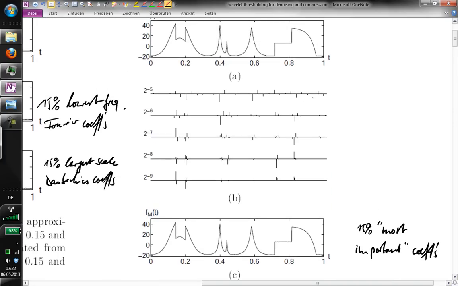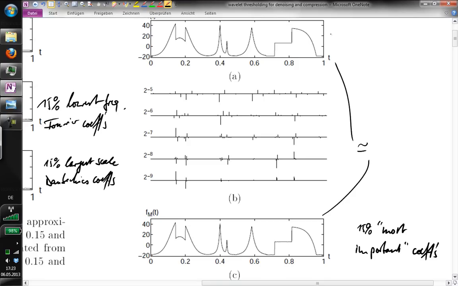Those 15% are the ones shown here. And, at least at this quality of the plot, I would say the differences are indiscernible. And we've just used 15% of the numbers. This is, of course, what you want in lossy compression, such as JPEG compression of images, to use just a fraction of the storage and have no or very little perceptual difference.